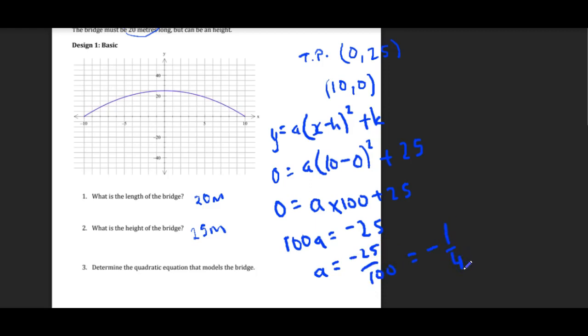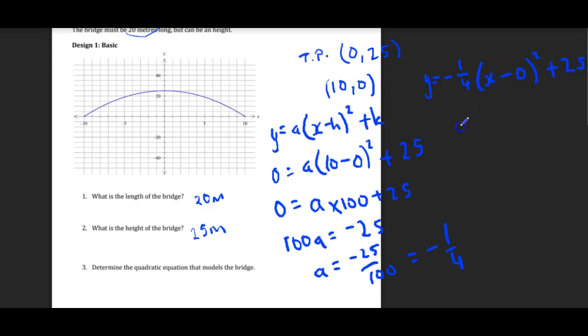Once you've got that, we still don't have the equation. So here's our general form here. So it's y equals your value of a, times (x minus h) squared plus k. It should be 25.